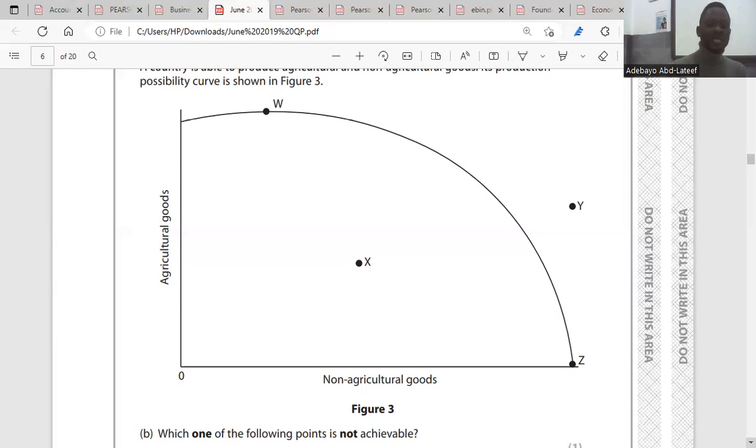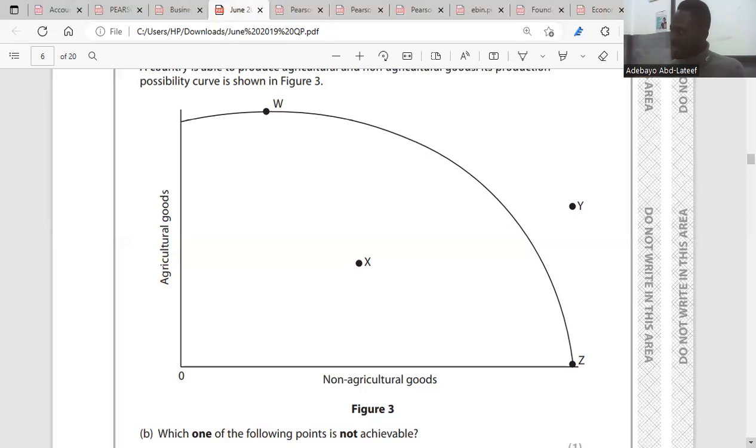And at point X, it means that the economy is producing almost the same of agriculture and non-agriculture. It's producing the same of agriculture and non-agriculture. The only point at which this economy cannot go is point Y. Because at point Y, there are no resources available to get to that point.